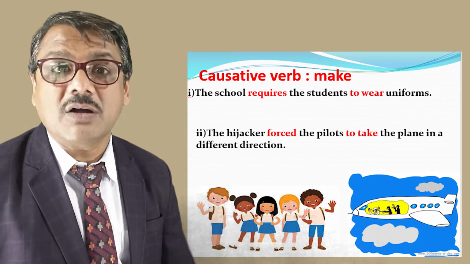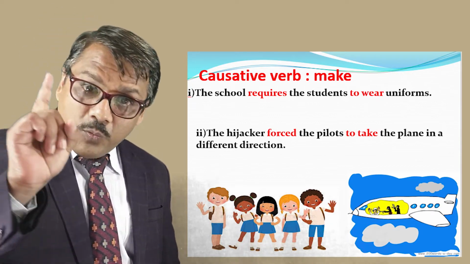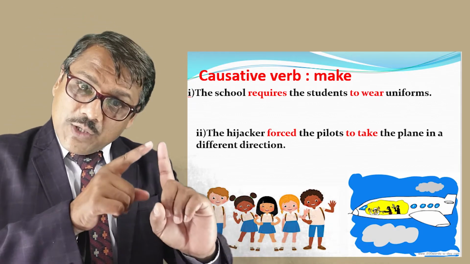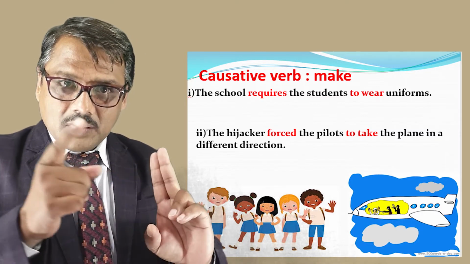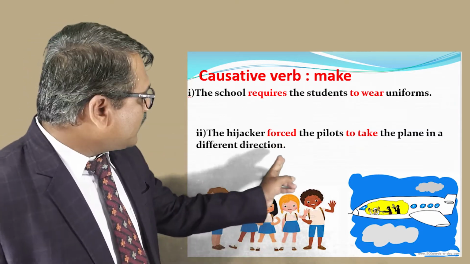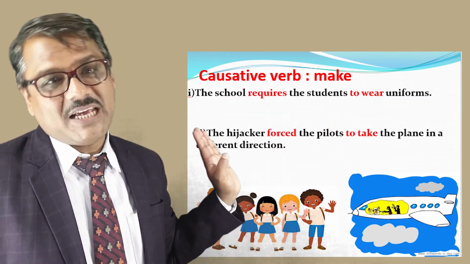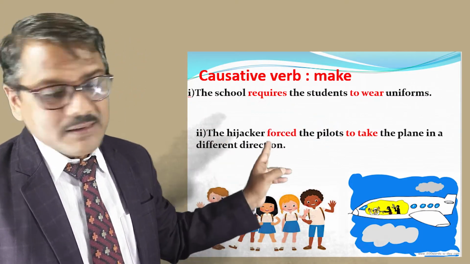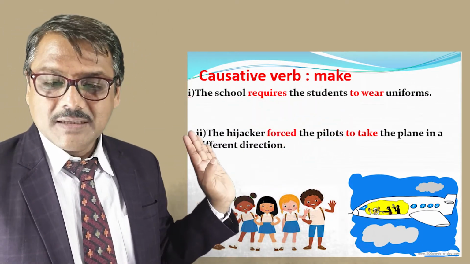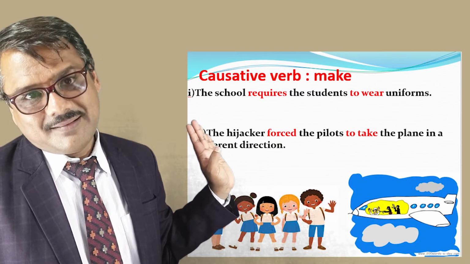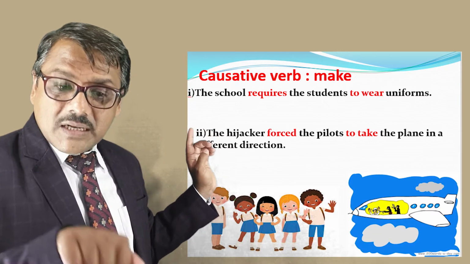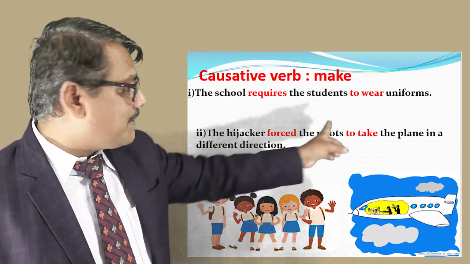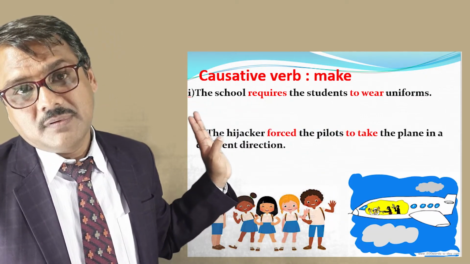But the structural difference is that when you use force and require, you have to use to plus the base form of the verb, the to infinitive. Here, requires and to. Notice this. But if you replace requires with make, there will be a bare infinitive.